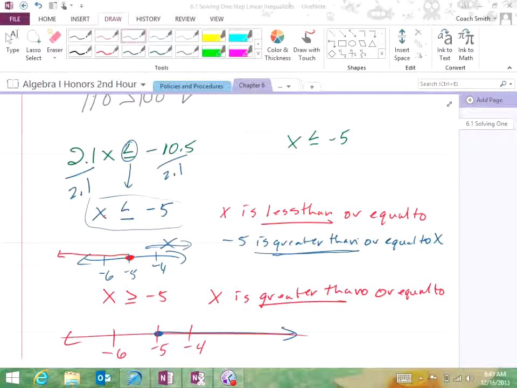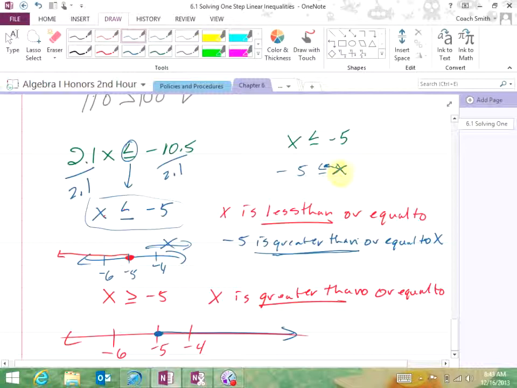Let's say it was like this. That says X is greater than.